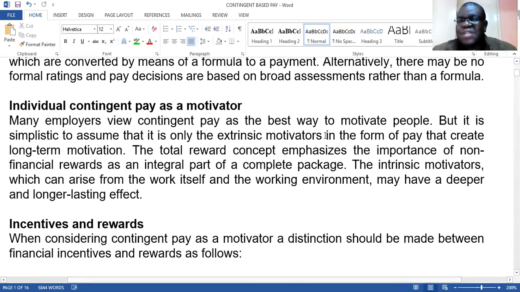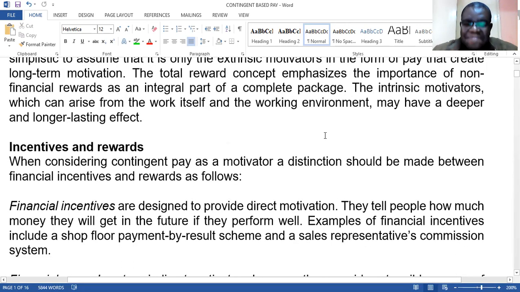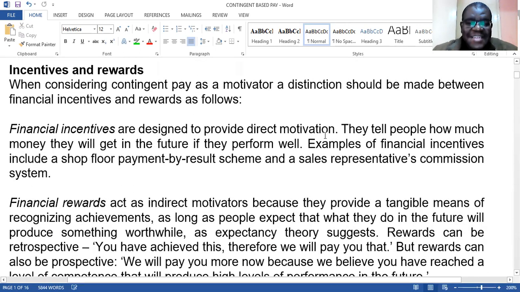So when you roll out a competence-based scheme, you meet the reward needs of the employees, you motivate them, you provide them with an incentive that is predominantly financial in nature.